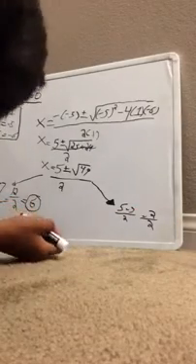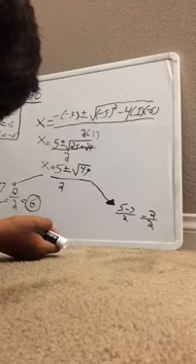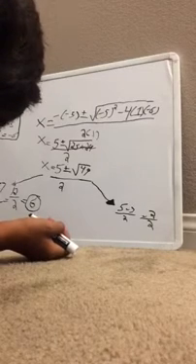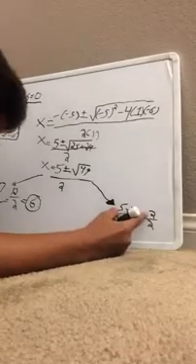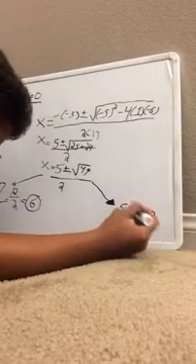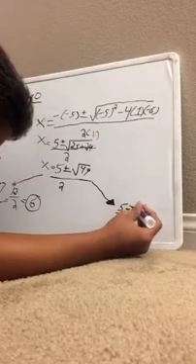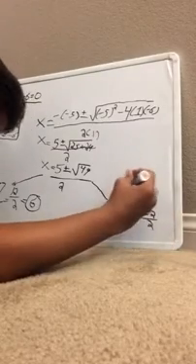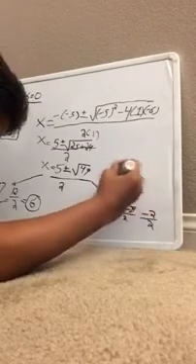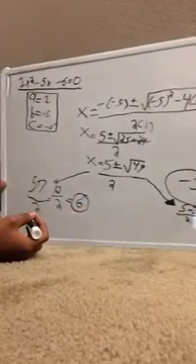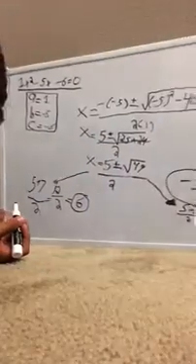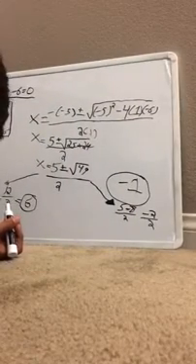And then negative 2 over 2 is just negative 1. So there are the 2 solutions to 1x squared minus 5x minus 6 equals 0. That's quadratic formula for you.